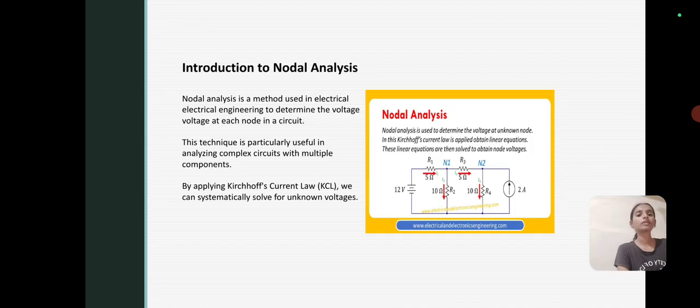Introduction to network nodal analysis. Nodal analysis is a method used in electrical engineering to determine the voltage across each node in a circuit.